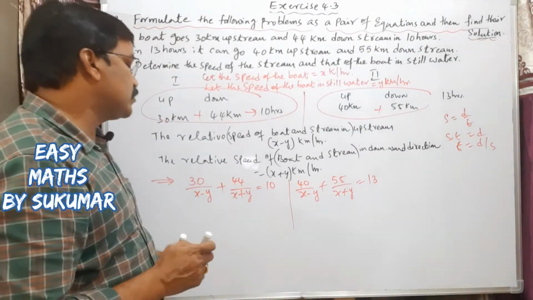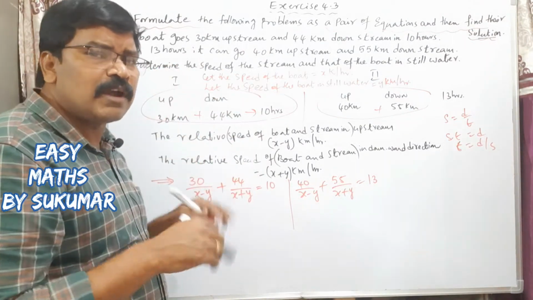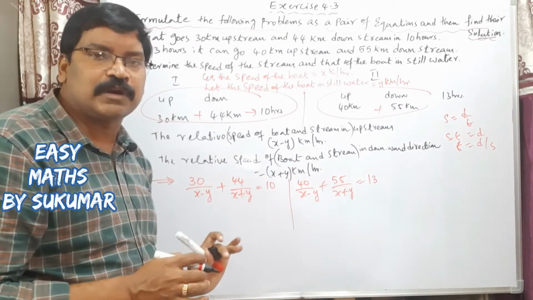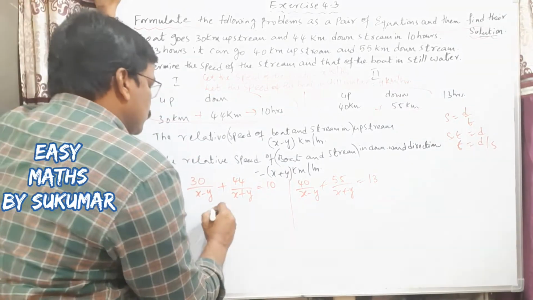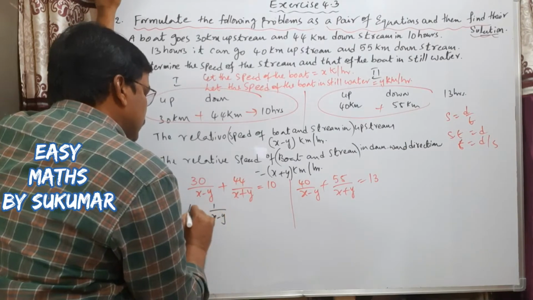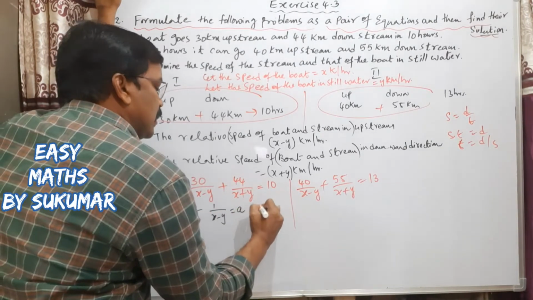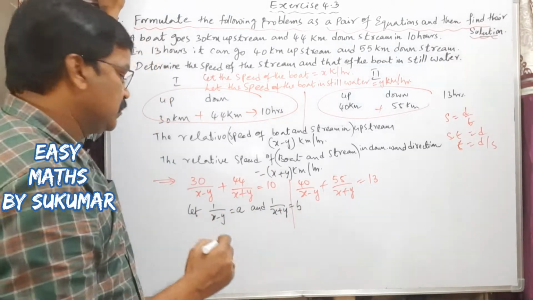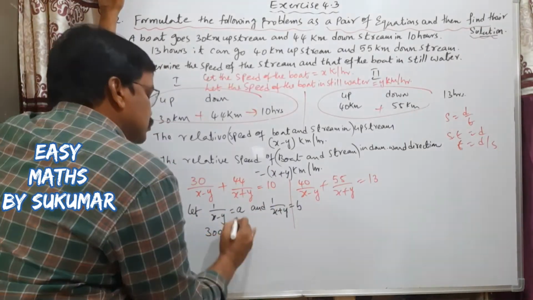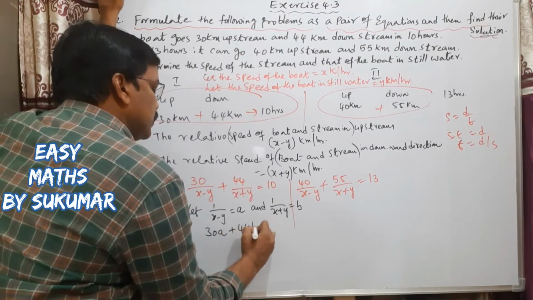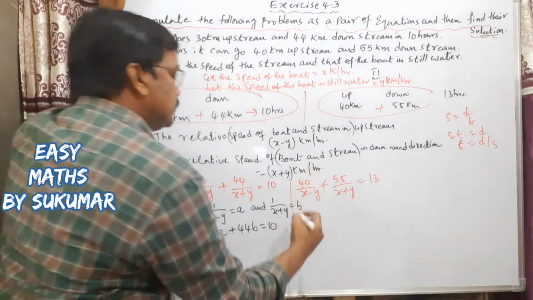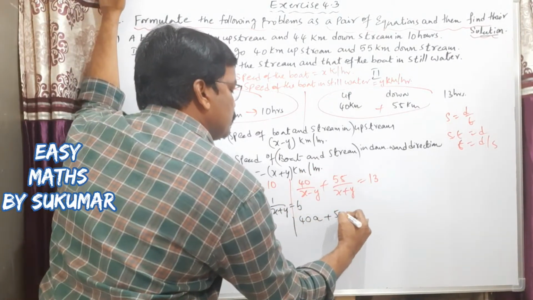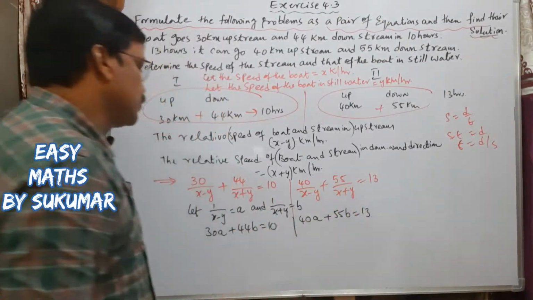Now my dear students, what we did in the previous sums in the first set was reduce these equations into linear equations. Like that, here also, let 1 by x minus y equal a, and 1 by x plus y equal b. So the first equation becomes 30a plus 44b equals 10, and similarly 40a plus 55b equals 13.